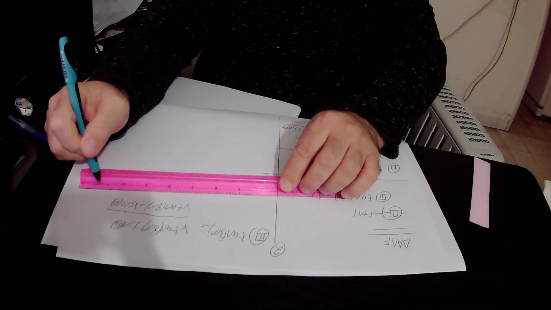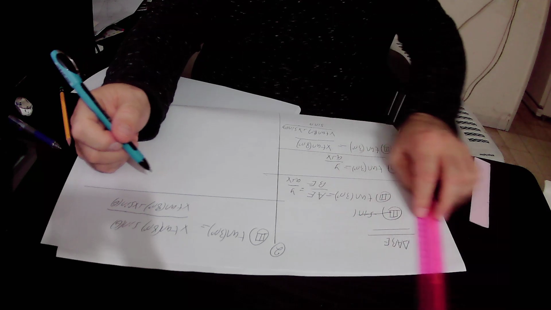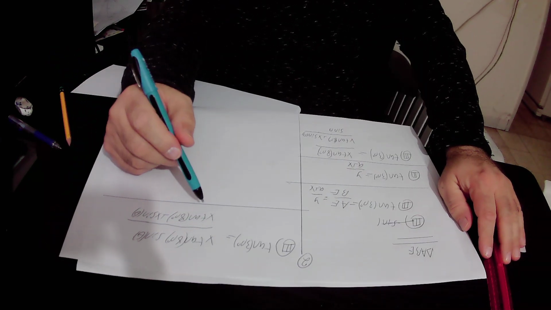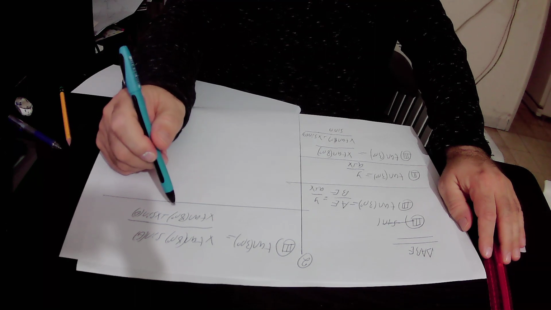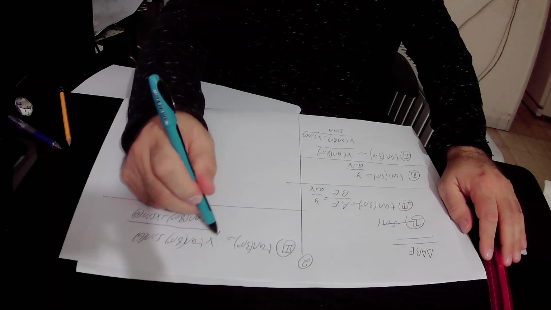So here we have X in the numerator and X in the denominator of this side of equation number 3, so X will get cancelled.